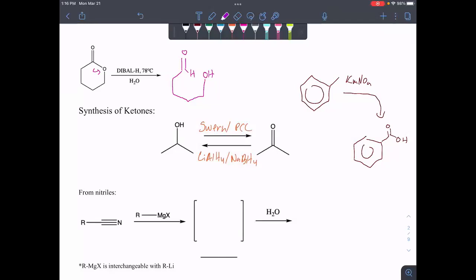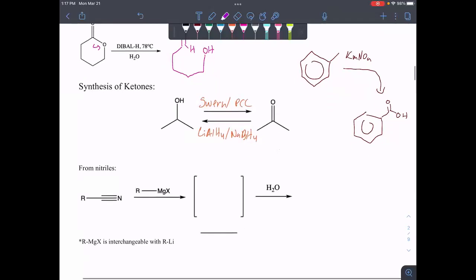Nothing. Like if you have an alcohol coming out of the benzene, then PCC or Swern would turn it into an aldehyde. Yeah. I think actually to make a benzaldehyde, you would need to start with a benzylic alcohol, not like a phenol.